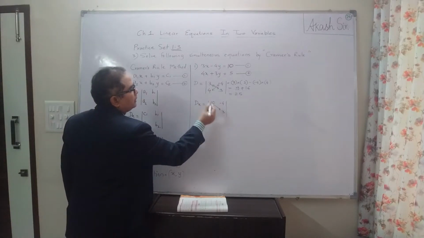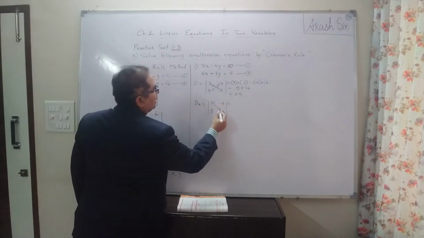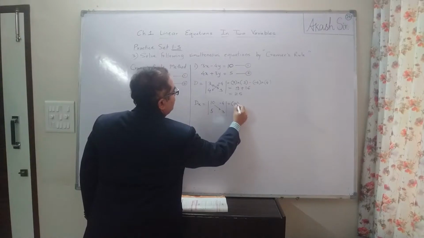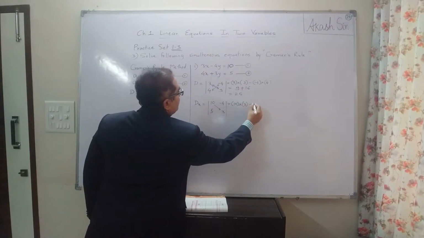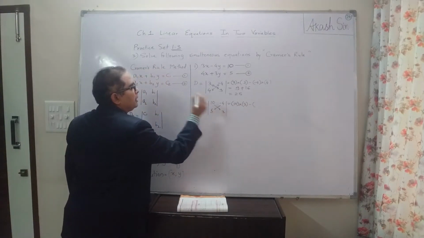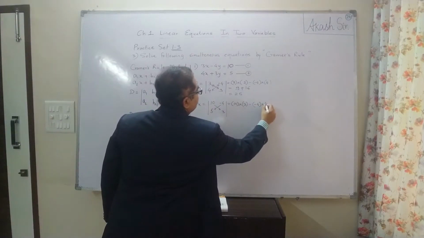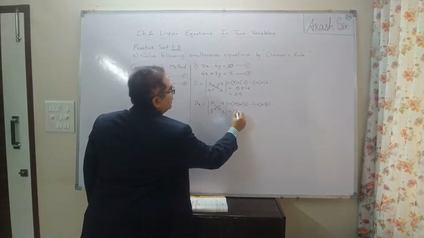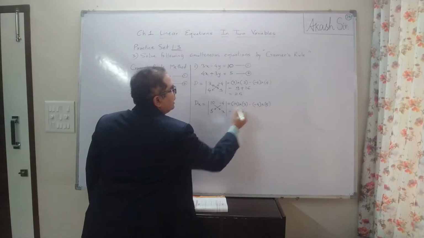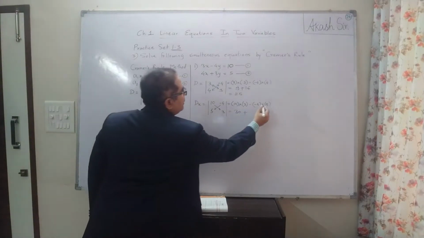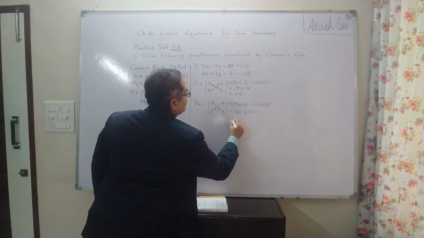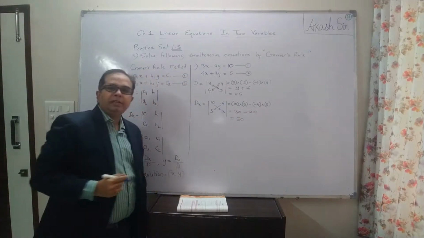Cross multiply. 3 multiplied by 10, that is 10 into 3. Minus 4 will be multiplied with 5, minus 4 into 5. 10 3s are 30. Minus into minus is plus, 4 5s are 20. 30 plus 20, answer is 50.